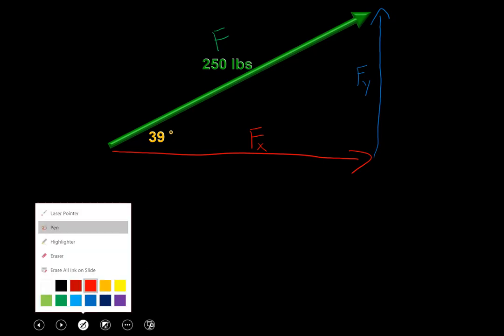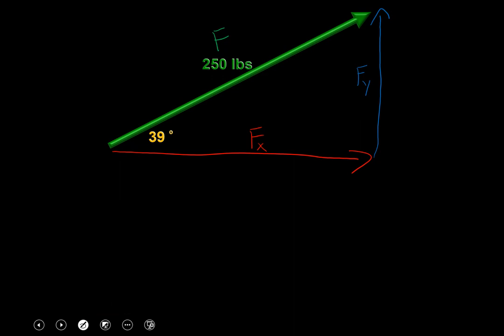Oh, before we do that, we need to figure out what are the sides of our triangle again. So this is a 90-degree angle here. This would be our hypotenuse because it's at the angle. If our angle is here, this becomes our opposite because it's the opposite side of the angle. And this becomes our adjacent because it's next to the angle.